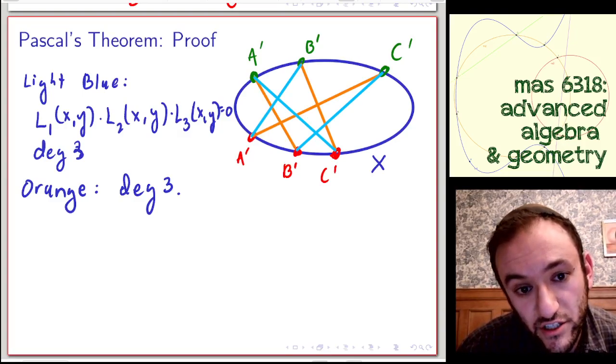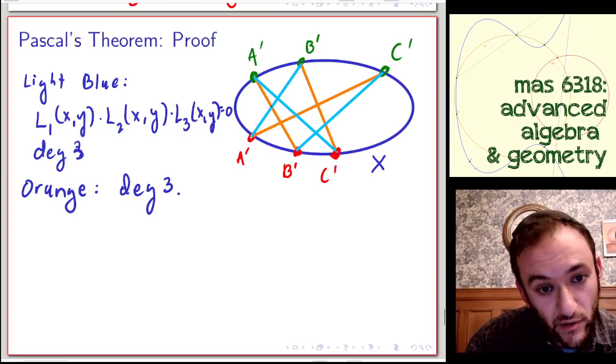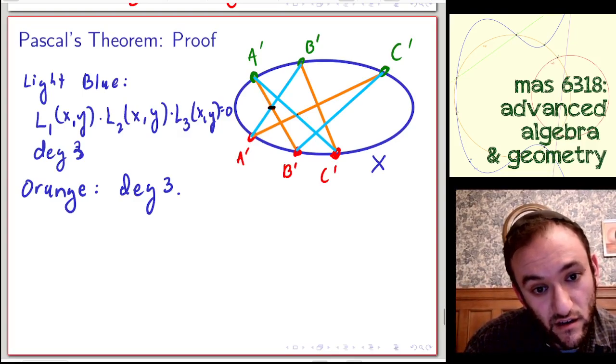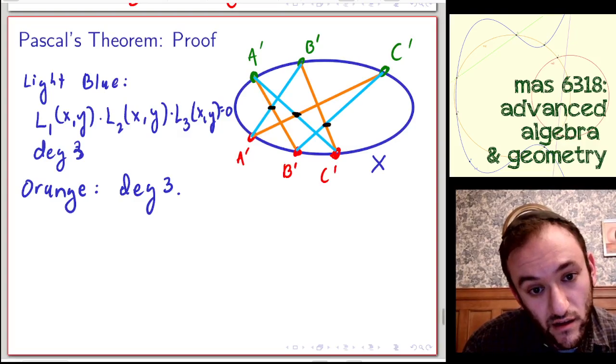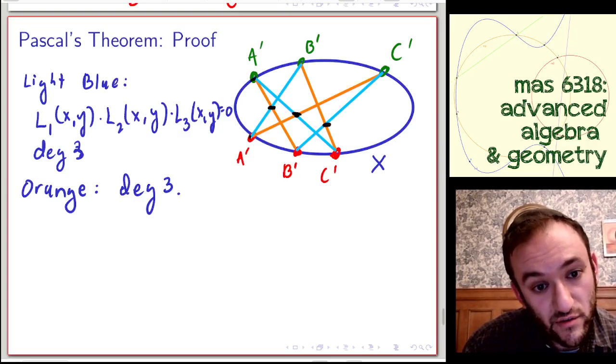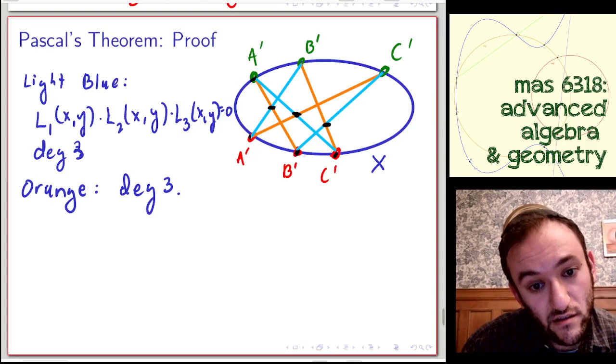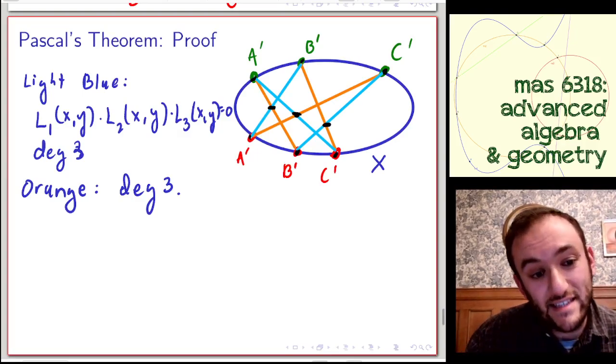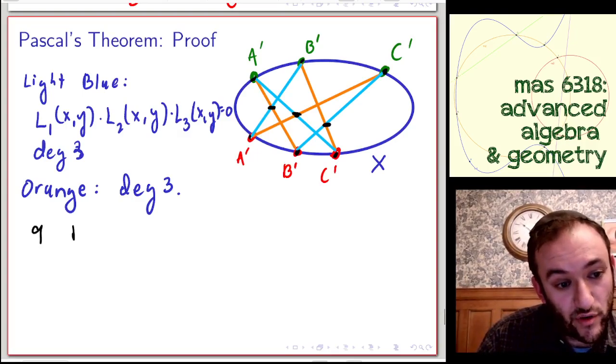I'll take some black. Orange and blue intersect here, here, here, but also at all of the green and red points. So that's 9 black intersection points.